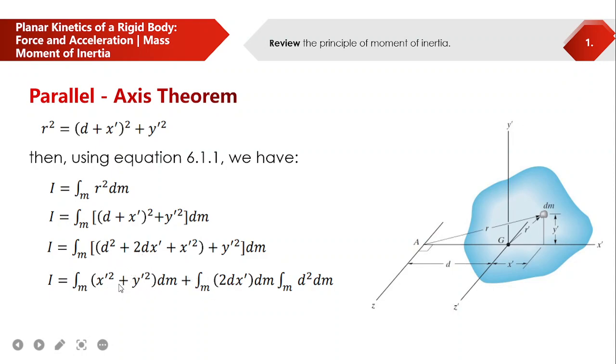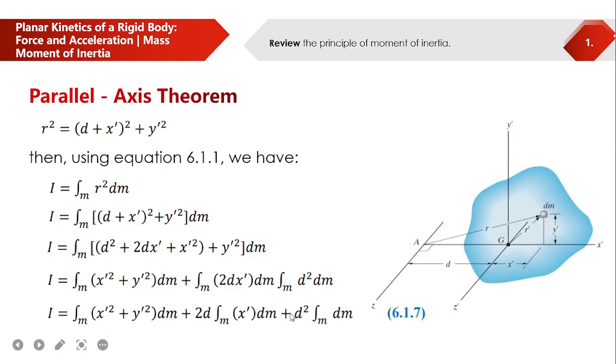So the first integral is x prime squared plus y prime squared dm, plus 2d, since 2 and d are constants, take them out, times the integral of x prime dm, plus d squared times the integral of dm.